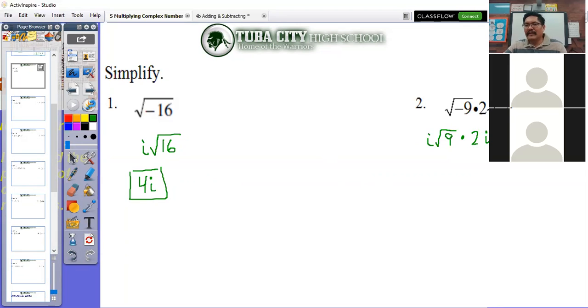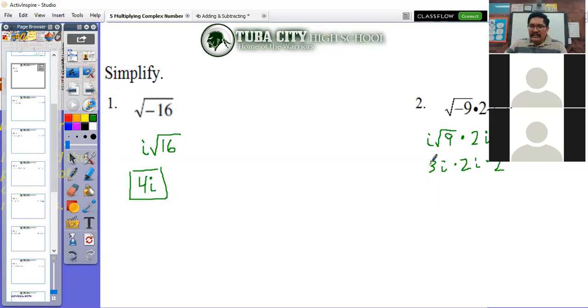So everything's multiplied, but we just don't put dots on everything. So I'm going to go ahead and evaluate this. So we get 3i times 2i and times, in this case, root 4. So root 4 is going to be 2 if I take the square root of 4.